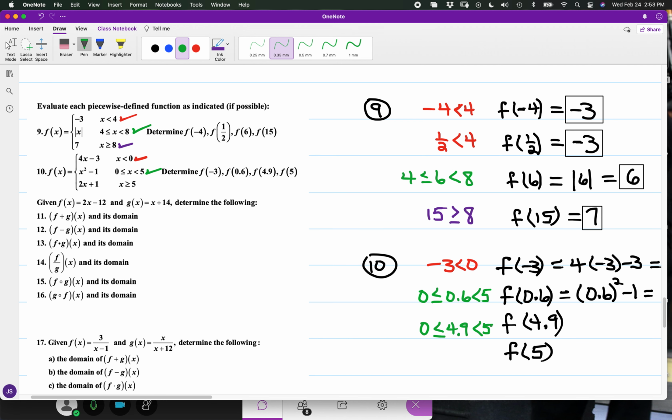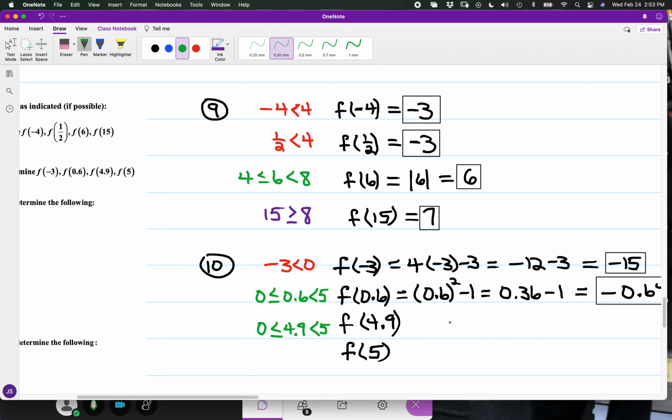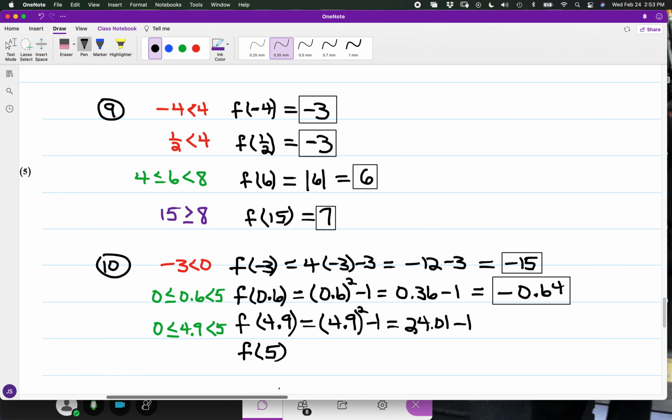So just like 0.6, 4.9 is going to receive the x squared minus 1 treatment. So here we're going to have 4.9 squared minus 1. 4.9 squared is going to be 24.01, and take away 1. And so we're going to have another decimal output with 23.01.